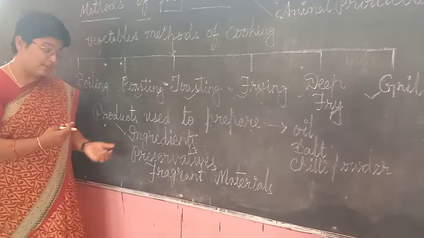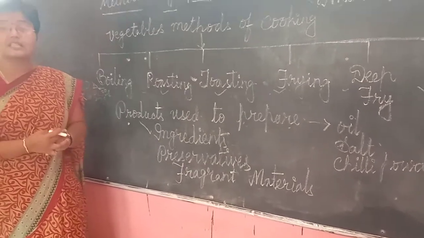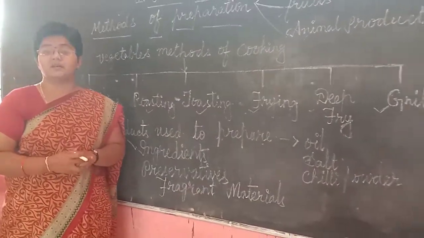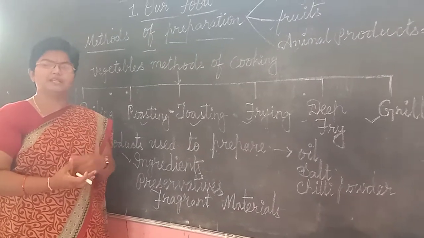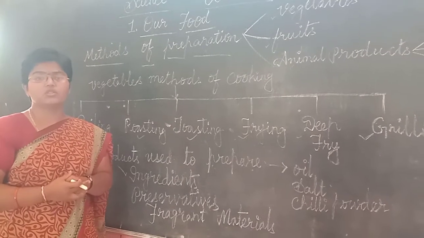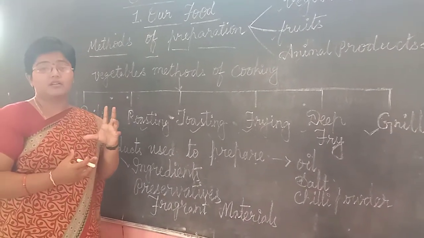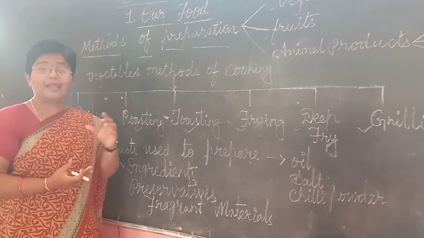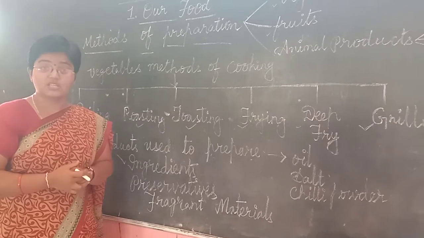Next, what do we use to make the food items? Have you ever seen a packed food item bought from a shop? You might be eating chips like Lays or Bingo. Have you ever turned the pack back and observed the nutritional table, the ingredients and the preservatives used in that?